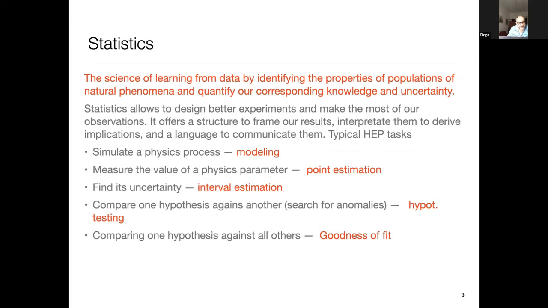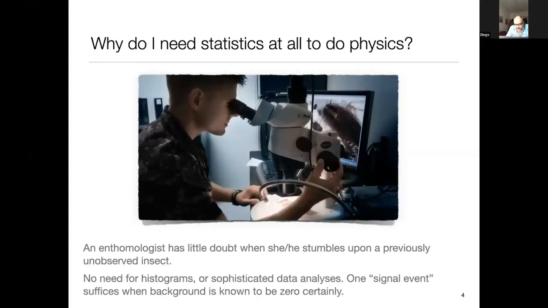Okay. So perhaps the first question one might ask is why do I need statistics to do physics at all?